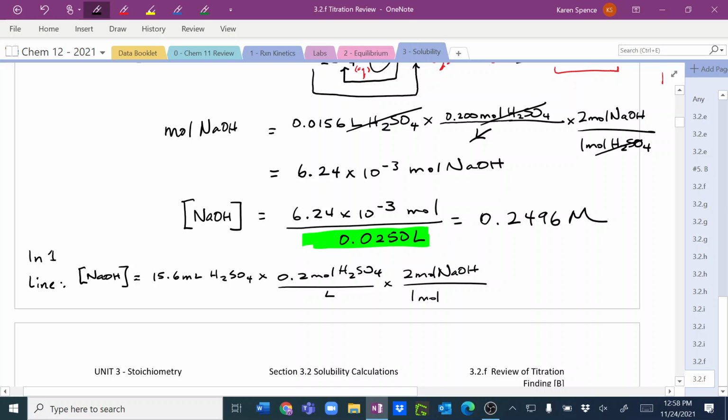We have moles on the top, so don't do anything with the top, just put a 1 there. All we're doing is this last division step, dividing by 1 over 25.0 milliliters. You can see that the millis cancel out if we do that, and you will end up getting exactly that same answer.